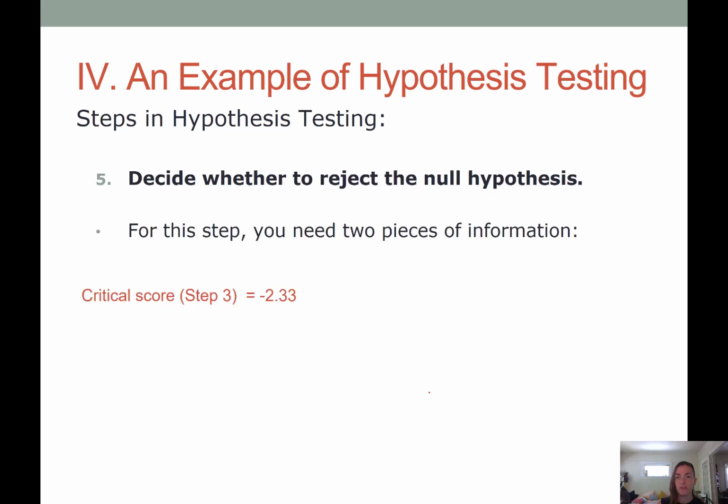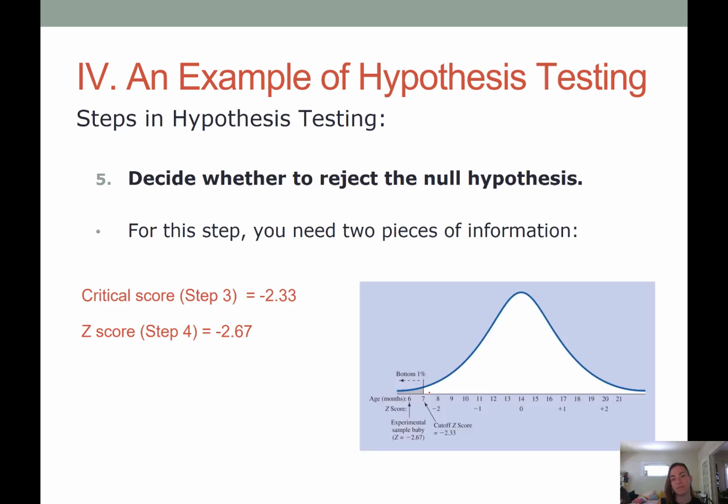Okay, so now we want to determine if I reject my null hypothesis. This is step 5. For this step, I'm looking at 2 pieces of information: my critical value, or the critical score, so again, that was negative 2.33, and then my z-score that I calculated in step 4, which is negative 2.67. Again, this is the same diagram that I had just drawn on the previous slide.